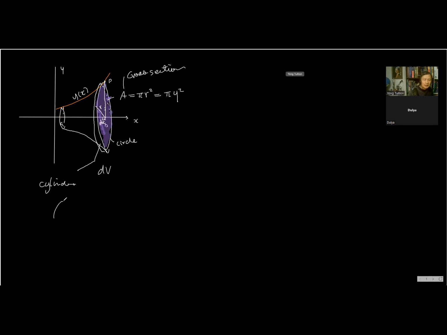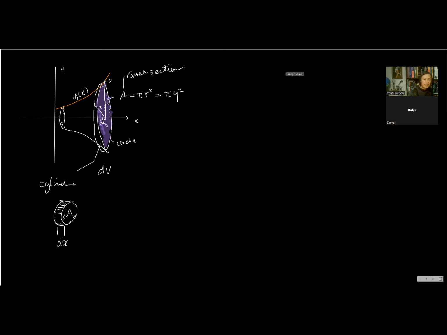So the cylinder is such: this is a circle. Normally the height is greater, but in our case, we are interested in calculating this volume, so this thickness is exactly equal to dx, very small. Of course, if dx is so small, these two circles should be identical. Do you agree?